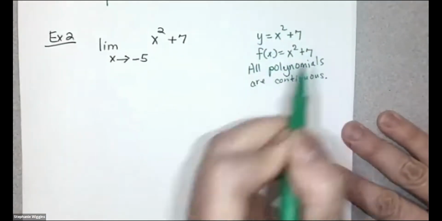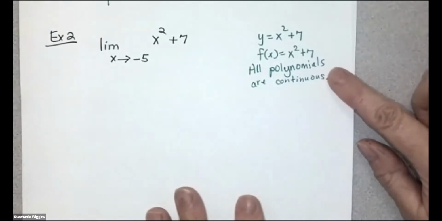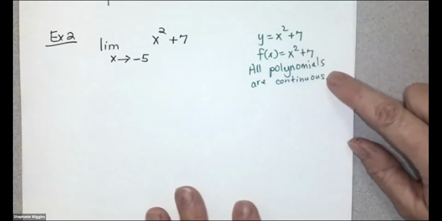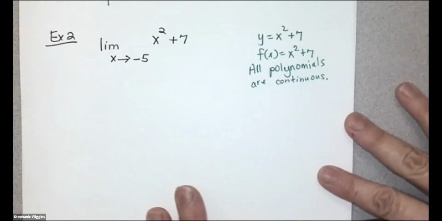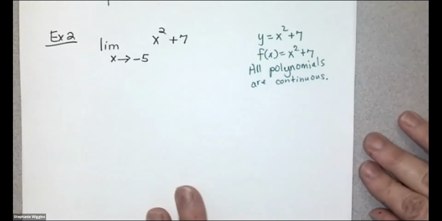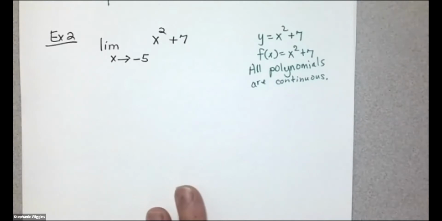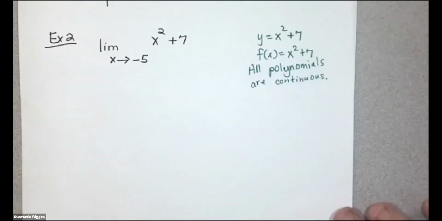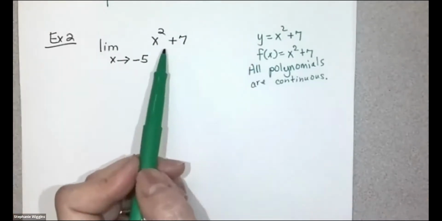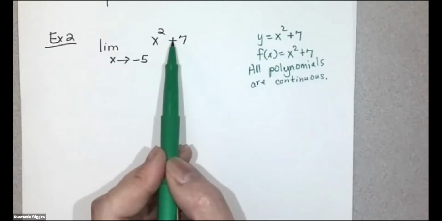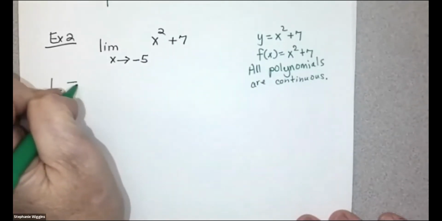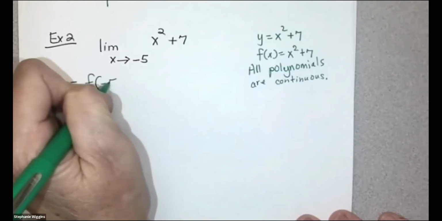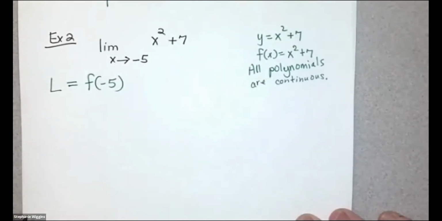So you know that if it's a smooth curve like a parabola or a cubic or quartic, you're just going to be able to draw it without lifting your pencil, and therefore the limit is going to exist everywhere, and the function value is going to be equal to that limit. So since this is continuous everywhere, I know that my limit value is going to be the same as the function value. So in this example, L equals f of -5 because of that continuity, right?